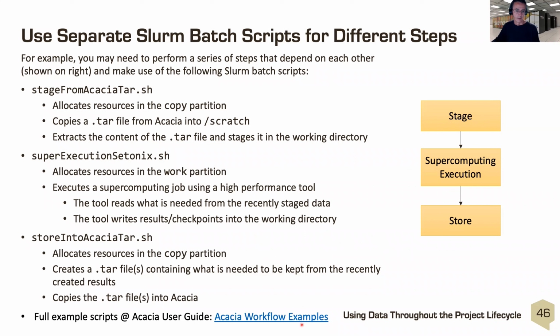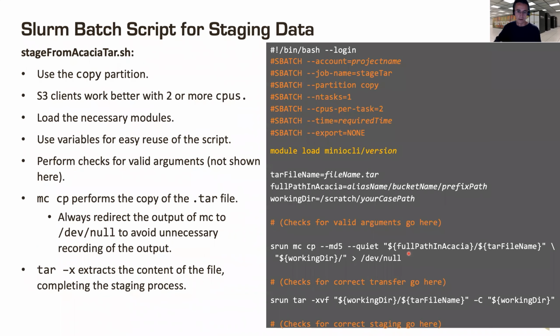And some examples for each of these scripts are already in the Acacia user guide. I will show here a reduced version of those scripts. So for example, for staging data from Acacia, you have a job script similar to this.